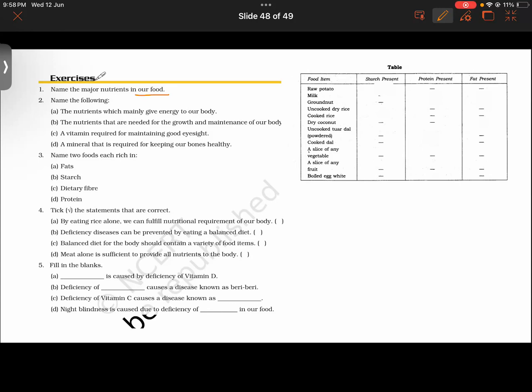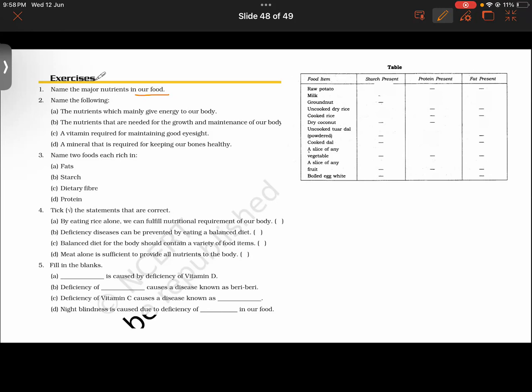Protein, carbohydrate, fat, vitamin, dietary fiber. Dietary fiber is not a nutrient. That is basically a component of the food. Except water and dietary fiber, all these are nutrients, because water and dietary fiber do not hold any nutritional value.